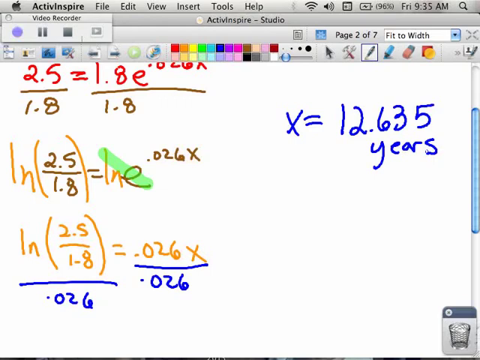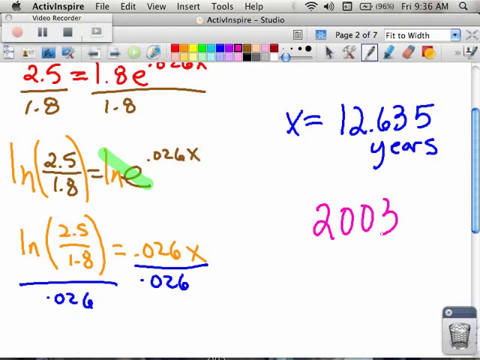You're now in January of 2003. Crazy. And then what does the 0.635 mean? About 7 months.